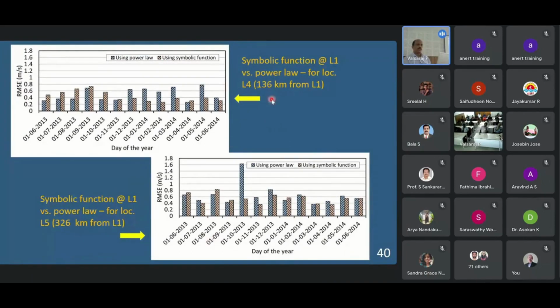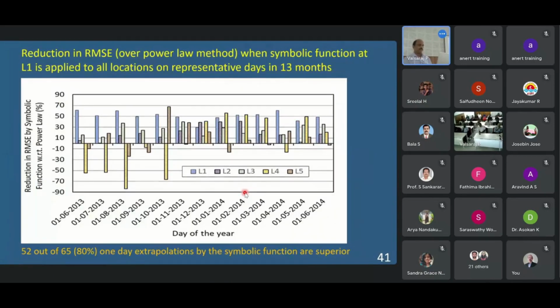But while going away, at 136 kilometers, sometimes the power law is better. Again, at the location 326 kilometers away, sometimes the symbolic function is better, but sometimes its efficiency is diminishing. And this shows the entire picture. That's the symbolic function generated at location L1. I applied it at L1, the same one at L2, the same at L3, like that.